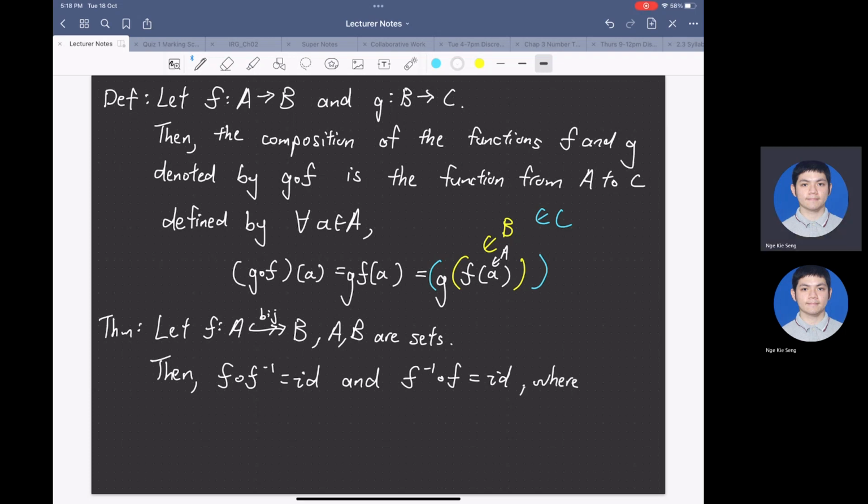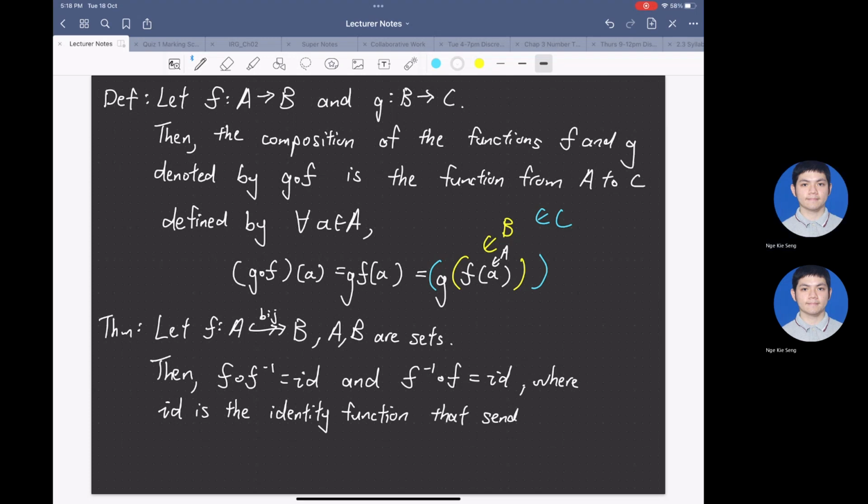Identity ID is the identity function, the function that sends an element to itself.